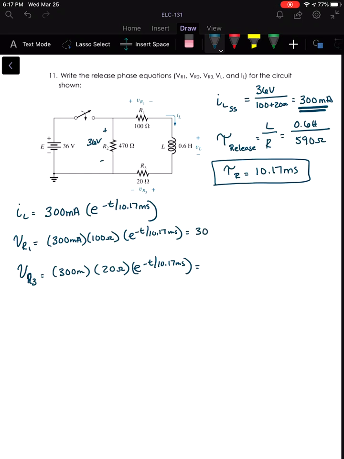So for VR1, we're looking at about 30 volts, e to the minus t over tau. And for VR3, we're looking at about 6 volts.